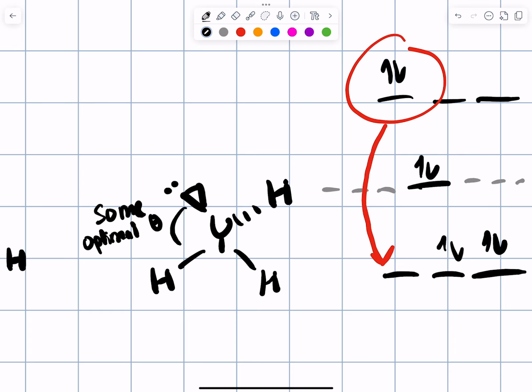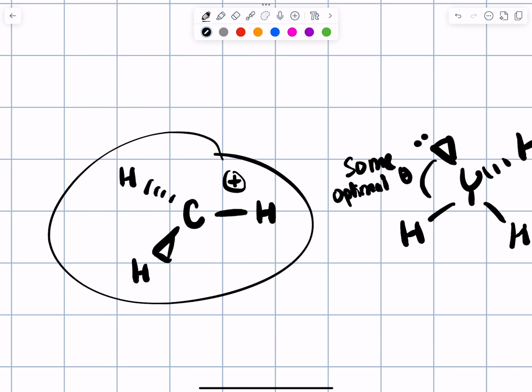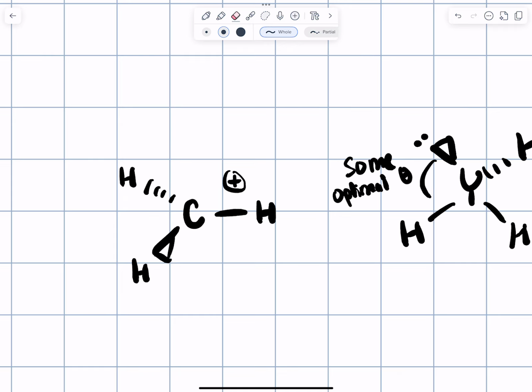For example, if I have something like this, I should have used the laser pointer. This has an empty p orbital because there's no electrons in there, so there's no reason to hybridize. If I tried to become tetrahedral, that would squeeze these hydrogens together.